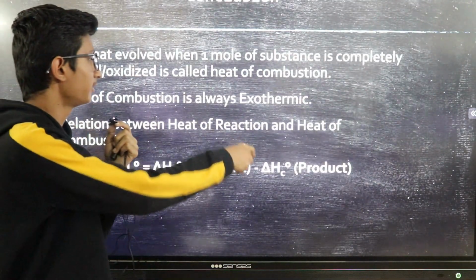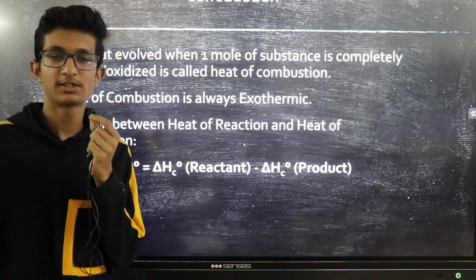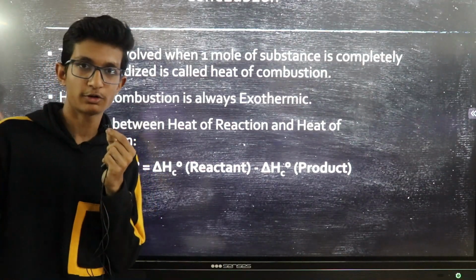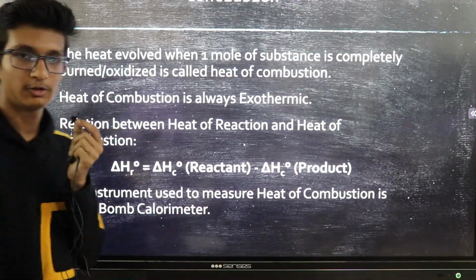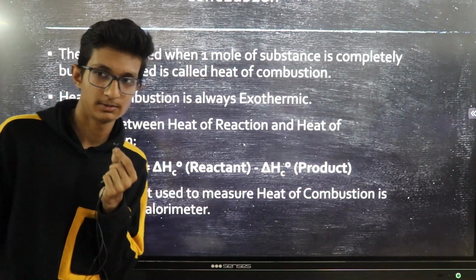Next, the relation between heat of reaction and heat of combustion: heat of reaction is equal to heat of combustion of reactants minus heat of combustion of products. And finally, the bomb calorimeter is the apparatus used to measure heat of combustion.